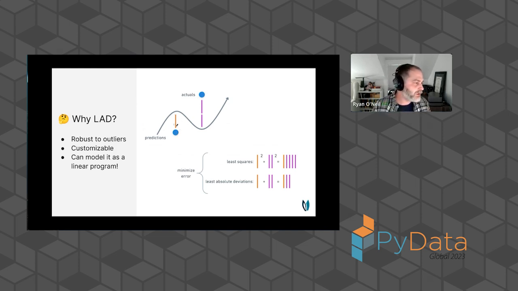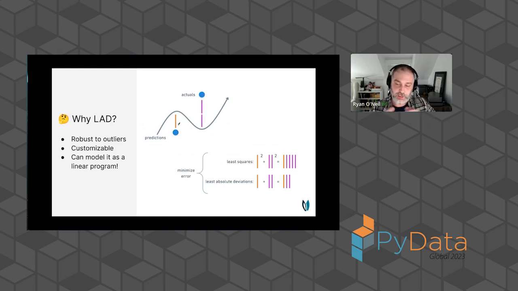What we can see here is that this dot is one unit away from the prediction, and this other dot here is 2 units away. Traditionally, if we're using something like least squares, this purple will be squared and therefore has a much bigger impact on the fit of the model than this single orange bar. And so what this means is that least squares is actually less robust than something like LAD regression to outliers.